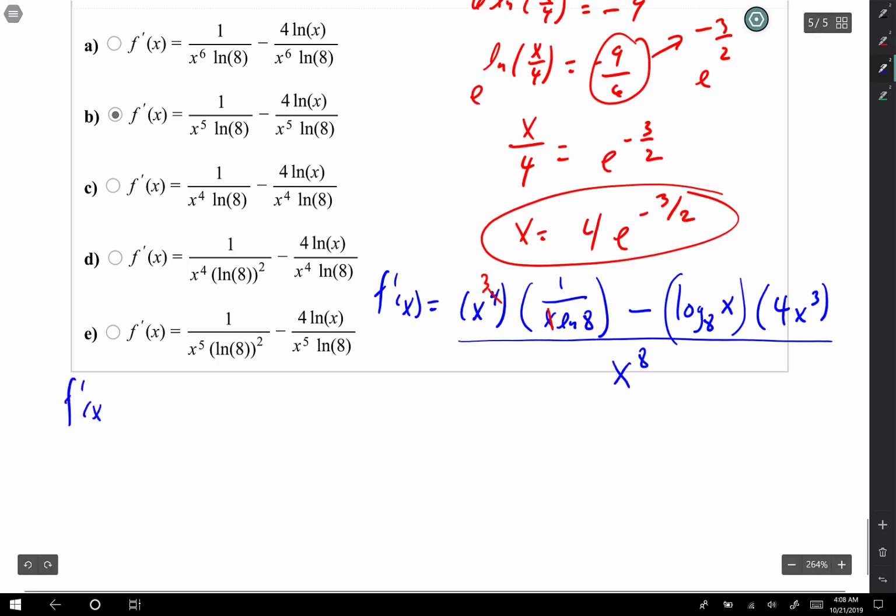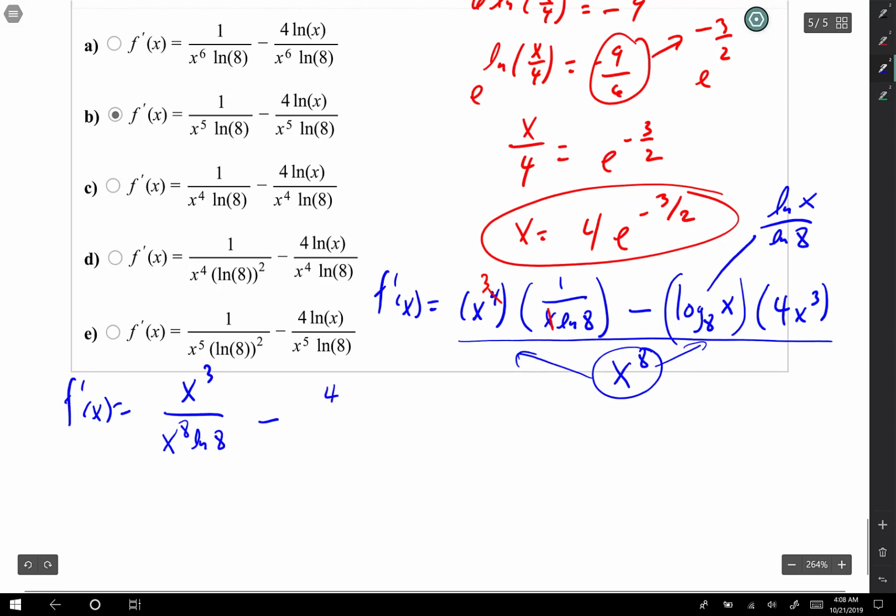You have, let's see, x cubed over ln 8. I'm going to move this x to the 8th down there as well. So I have x to the 8th ln 8 minus, and remember this right here is just ln x over ln of 8.